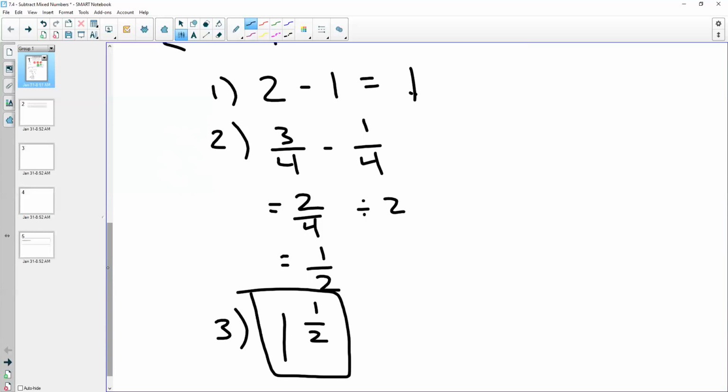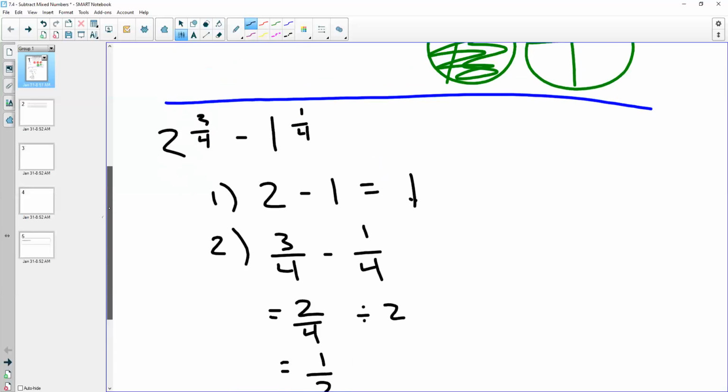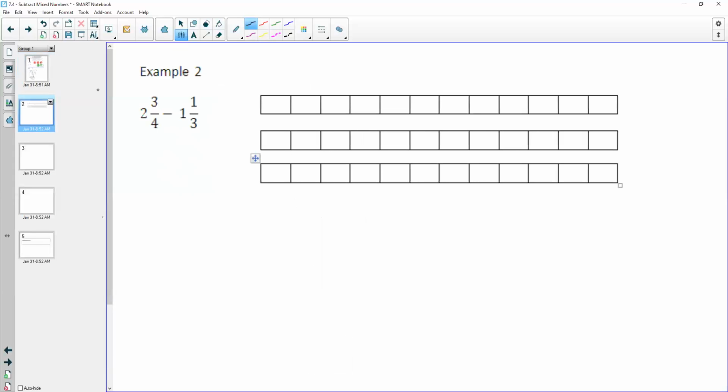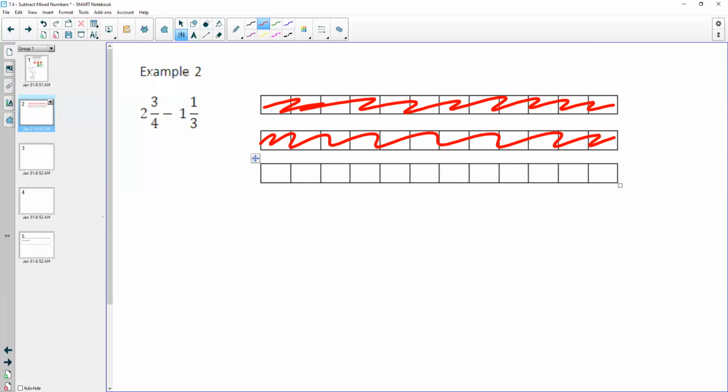Okay, so like we've been doing, there are a couple of strategies that we can use to solve these types of problems. But if we follow those 3 steps that we already talked about, subtracting the whole numbers, subtracting the fractions, and then combining the answer, we should be good to go. Okay, so let's continue. So we have 2 3/4 again. So 2 wholes and 3/4.